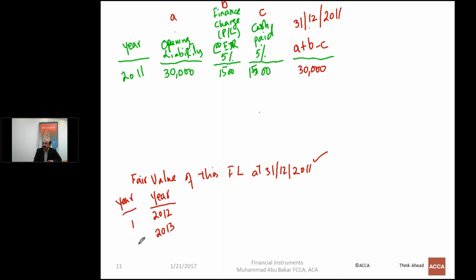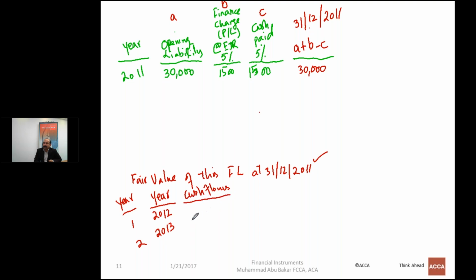So from this date, this is year 1, this is year 2, because we are going to calculate fair value of this financial liability at this date, and with reference to this date, this will be first year and this will be the second year. What are the cash flows attached?